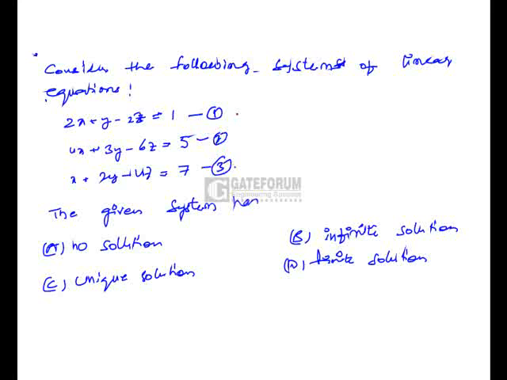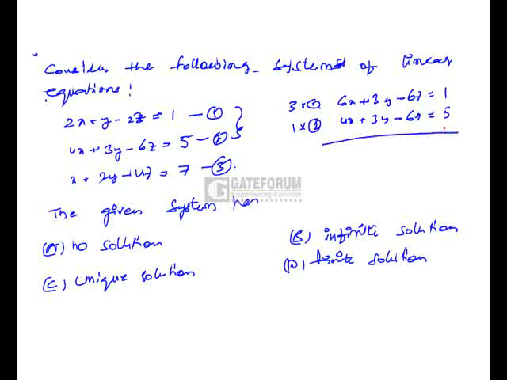Now let us simplify equations 1 and 2. Let us multiply the first equation by 3, which gives 6x plus 3y minus 6z is equal to 3. And let us keep the second equation as it is: 4x plus 3y minus 6z is equal to 5.